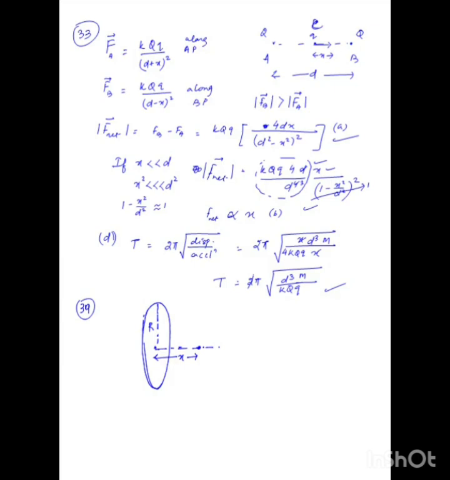It's not 34th, it's 39th one, where we have a charge q to be distributed uniformly over that ring of radius r, and obviously it will have charge distributed over its length, means that we'll have a charge per unit length, that is per unit length it will have a charge q over 2 pi r, and if we are taking a length dl from it, then that will carry a small charge q over 2 pi r times dl, that will be equal to dq.